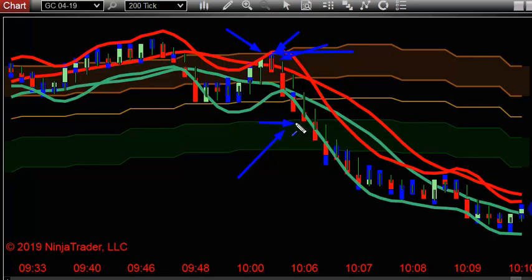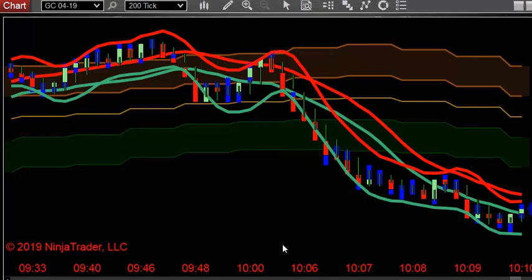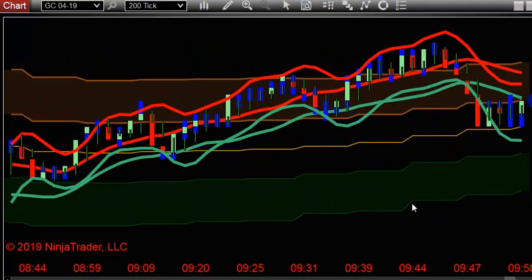I don't see any green. I don't see any evidence that the bottom of the spike is being bought. Same here. Do you? I mean, what are you supposed to do during the trading day? Wait for a line? Well, yeah.